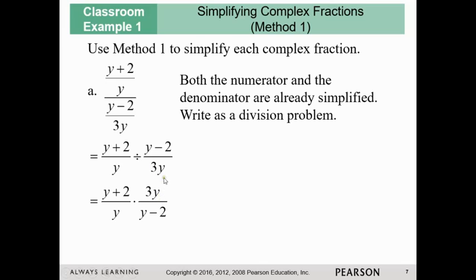So we put 3y in the numerator. We put y minus 2 in the denominator. Now we just look for things that'll cancel out. What'll cancel out is the y. The y will cancel out because that's common between the numerator and the denominator. So we just kind of rewrite this. We've multiplied across, and then we canceled out the y. So this one is simplified now. It's into its simplified form there.